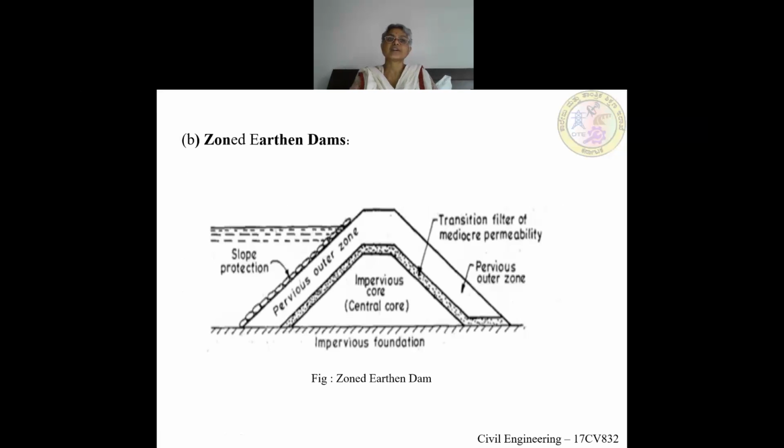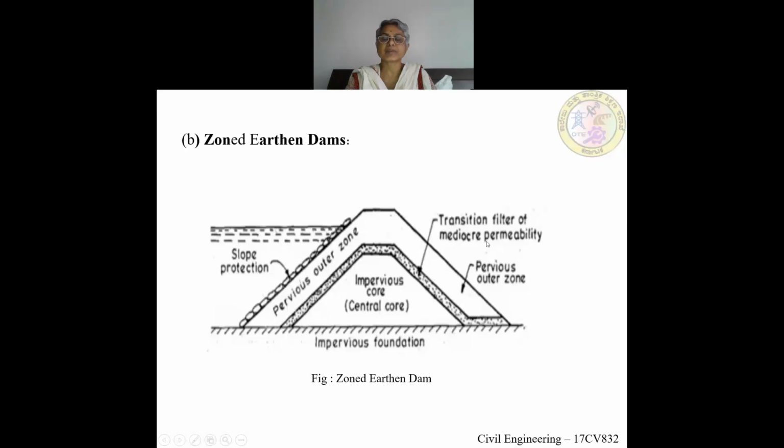The next type is the zoned earthen dam. As the name says, there are different zones. Here the impervious core, or the central core, which is made up of fine material, is covered with a transition filter zone, which is of mediocre permeability.